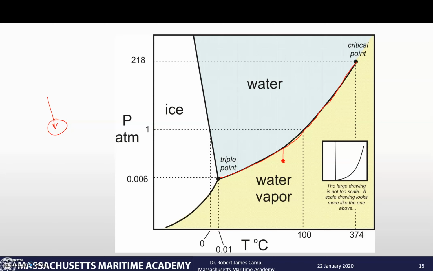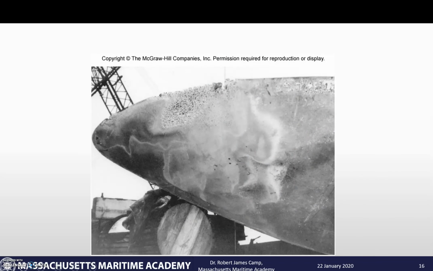And this localized water hammering effect will eventually degrade the device. In fact, if we take a look at this picture from the book, you can see that this is a propeller that has undergone cavitation. You can see all through here, it's all pitted, and in fact here you can even see breaks in the propeller. So we do want to avoid cavitation, and that'll become even more important when we talk about pumps later on.